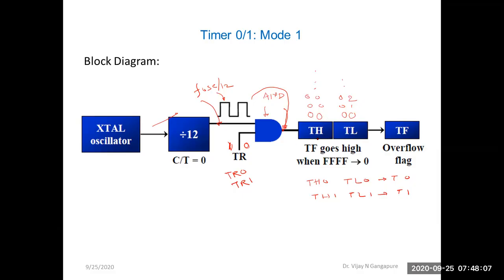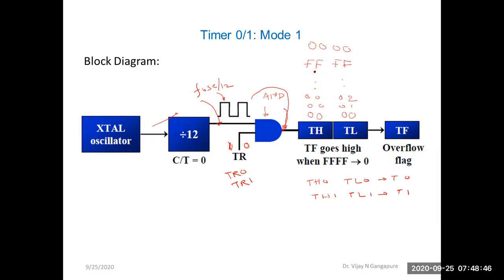Now when it starts incrementing, it can go up to a maximum. We are writing this count in hex, so it can go up to the maximum value in this timer register, that is F F F F. After that, due to one more pulse, the count in this timer register rolls over from all ones to all zeros, that is from the maximum value F F F F to the minimum value 0 0 0 0.